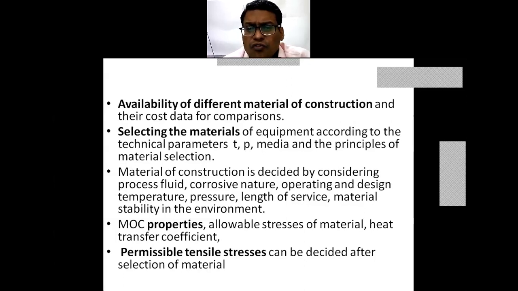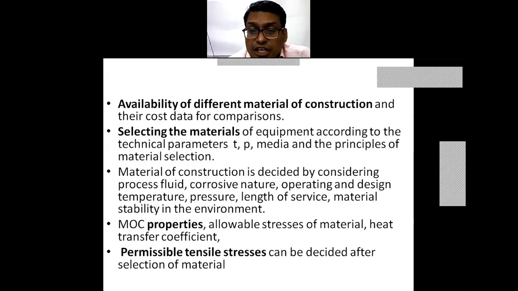The material of construction is decided by considering the process fluid, its corrosive nature, its operating and design temperature, pressure, and what the length of service must be. Length of service is also very essential before designing and before procurement of the equipment. Based on that, how much I have to invest is to be decided.